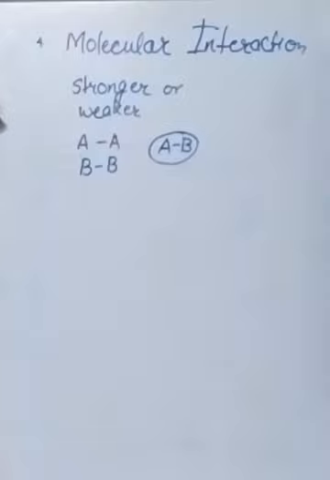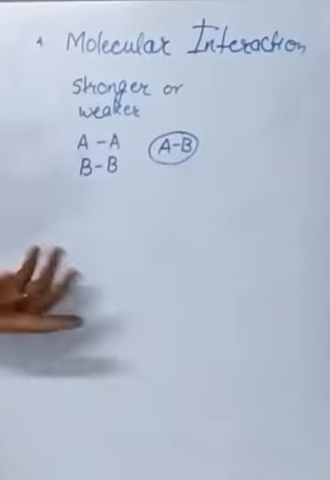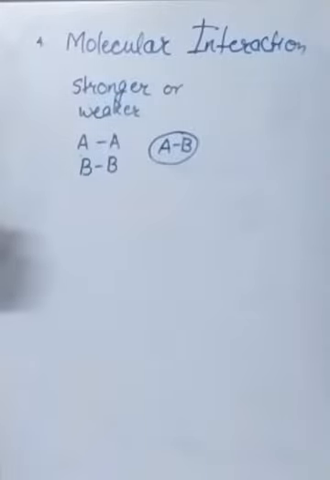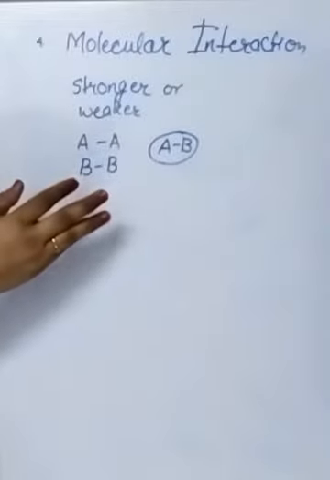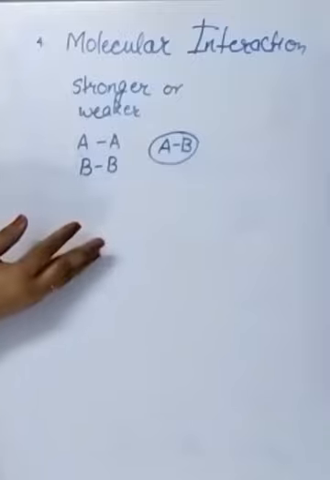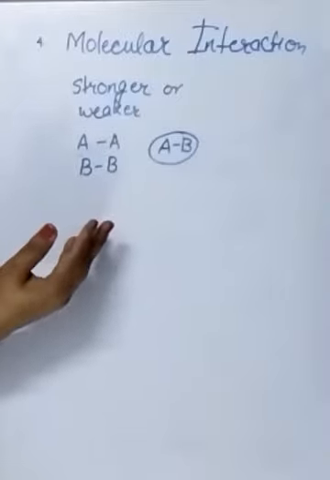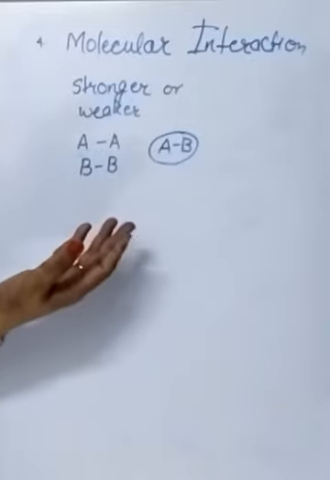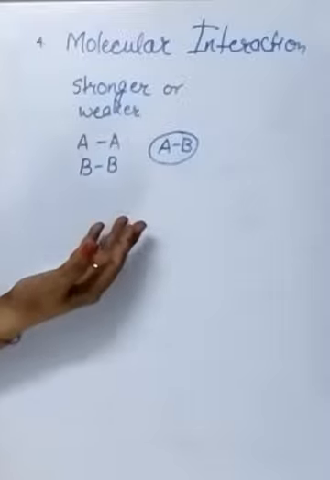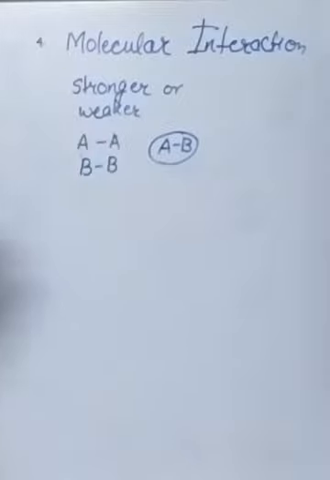So we have seen either enthalpy increases or decreases, volume increases or decreases after mixing, or the molecular interaction becomes either stronger or weaker. We have seen either the partial pressure of component A is more than the product of the vapor pressure of the pure component and its mole fraction, or it is lesser.